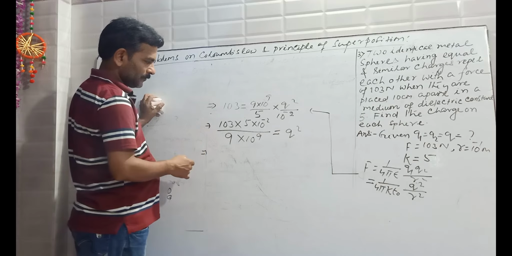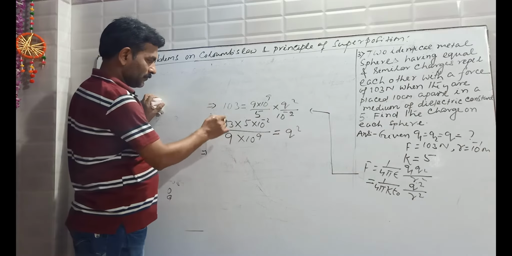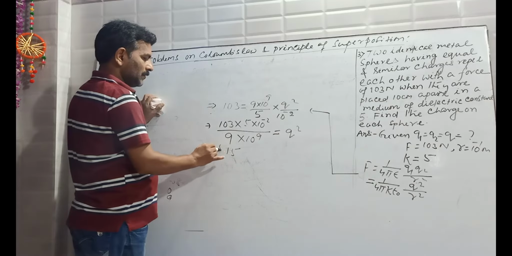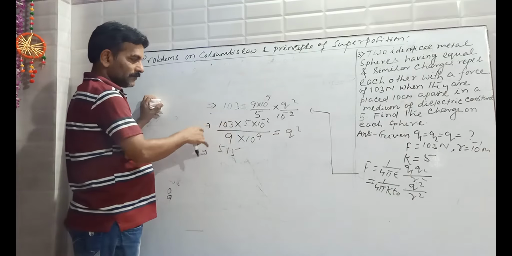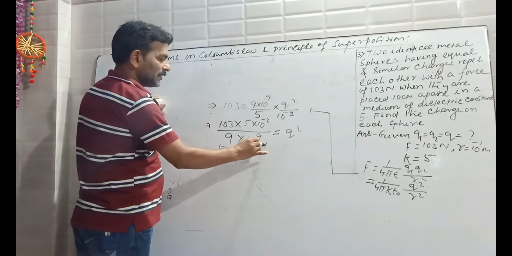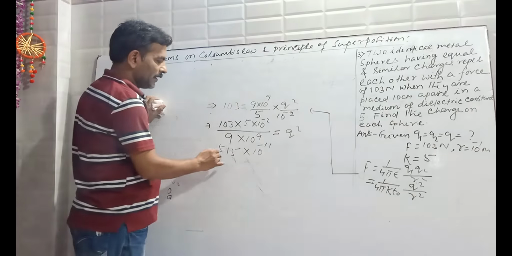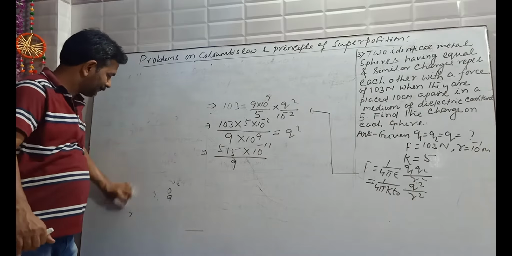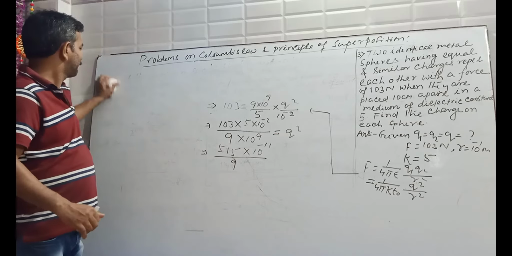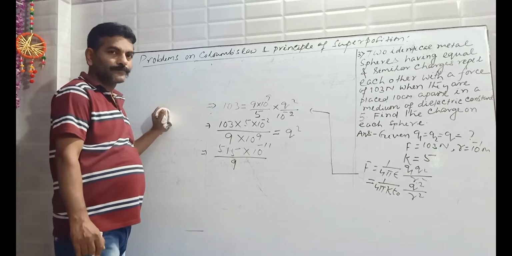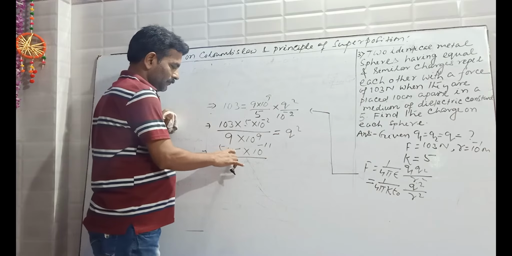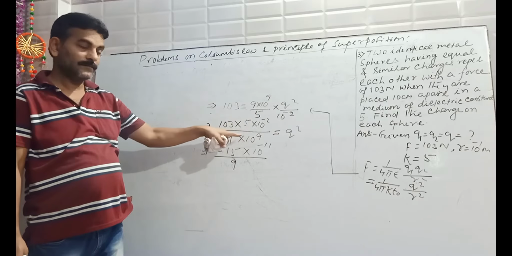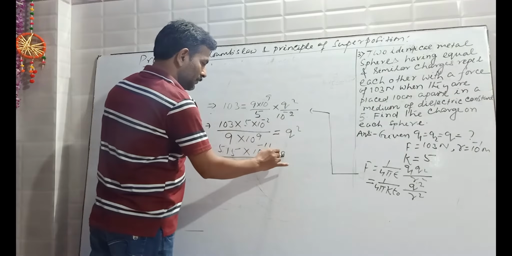You multiply this. It is 515, into 10 to the power minus 11 by 9. 515 into 10 to the minus 11 by 9 is equivalent to Q square.